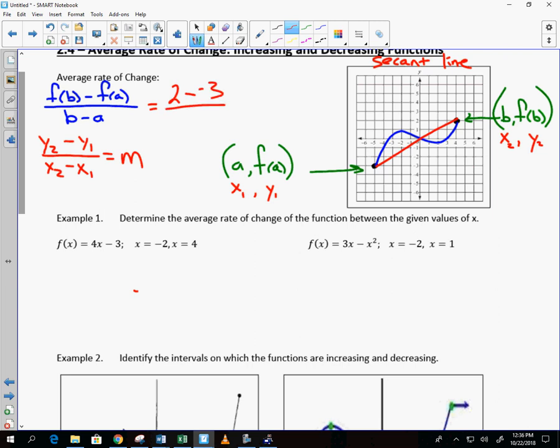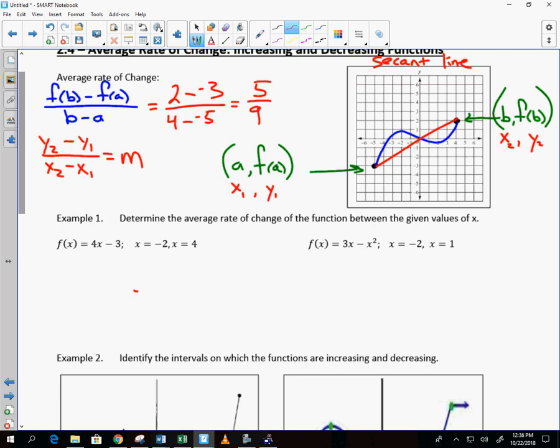What is your second x value? 4. And what's your first x value? -5. And so I have 2 minus -3 is 5. And I have 4 minus -5 is 9. So that means that the average rate of change is 5/9. Okay? And that's that. We determine the average rate of change.